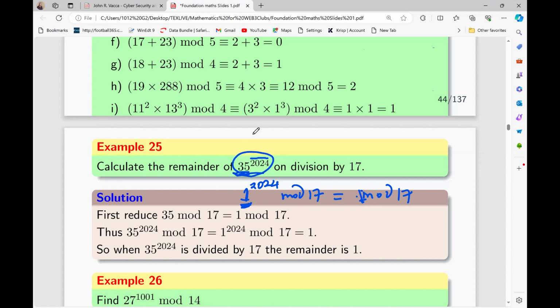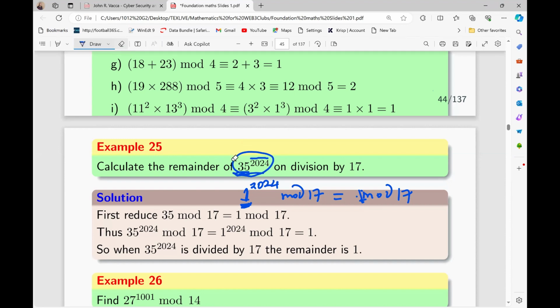But of course, there are so many ways of doing it. The fast powering algorithm, which we looked at even on Thursday and revised, is another way of doing this question.